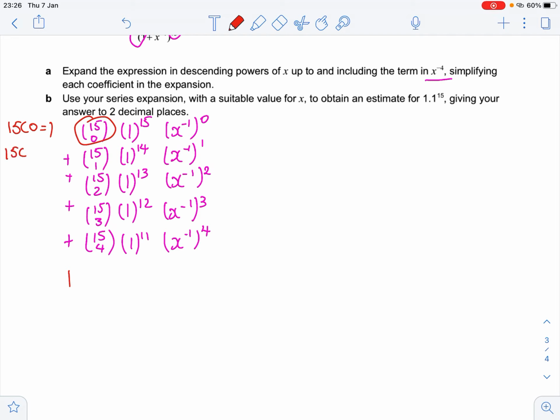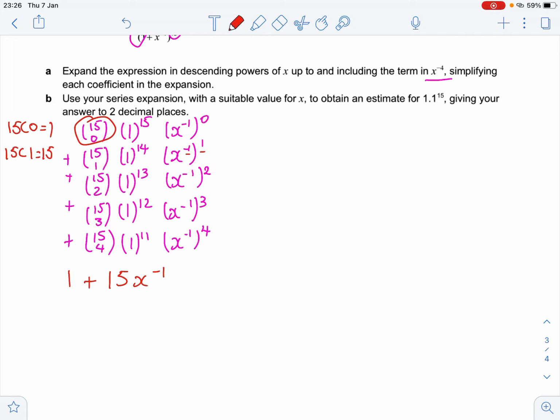Then the next part, we have 15C1, which is equals to 15. So 15 times by 1 times by x to the power of minus 1, and we'll just get plus 15x to the power of minus 1. So remember, in the bracket, we multiply the powers together.